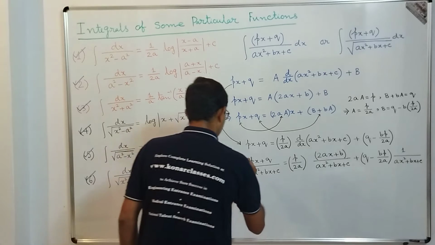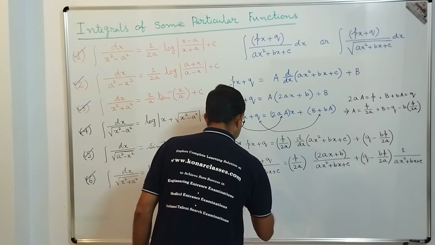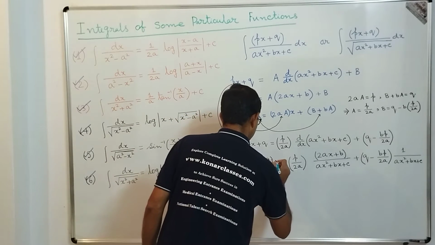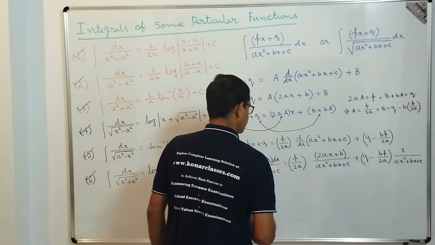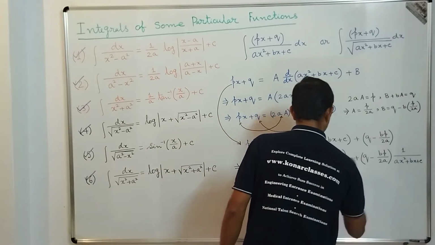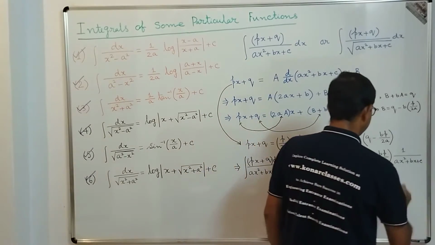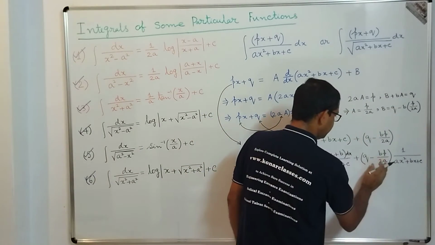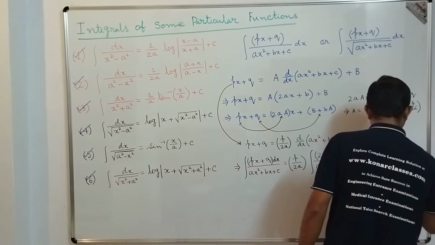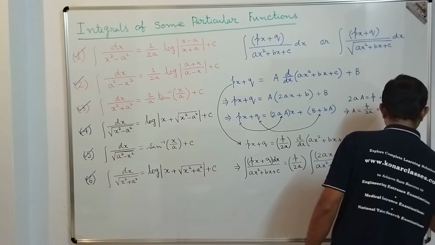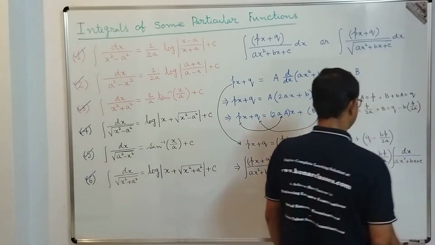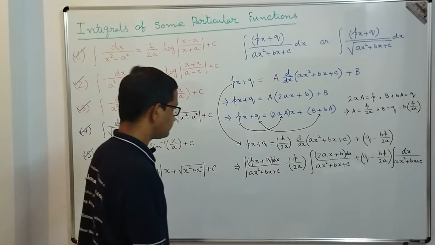Now dear students, we are going to do an integration. So the integration of px plus q dx is equal to the integration of 2ax plus b dx divided by ax square plus bx plus c, plus q minus bp by 2a, which we can take outside of the integration, times dx by ax square plus bx plus c.